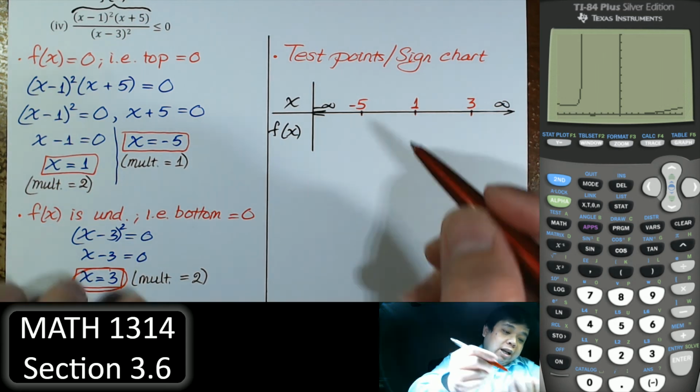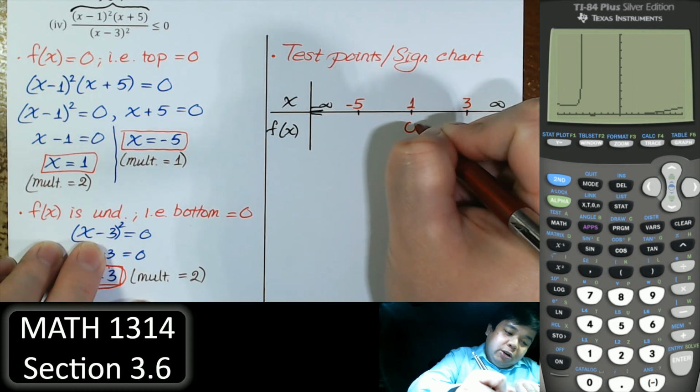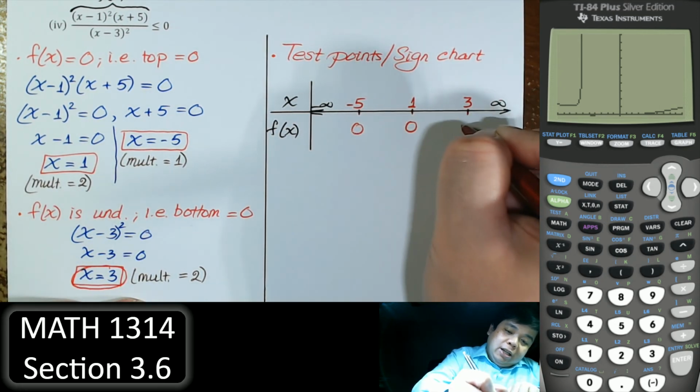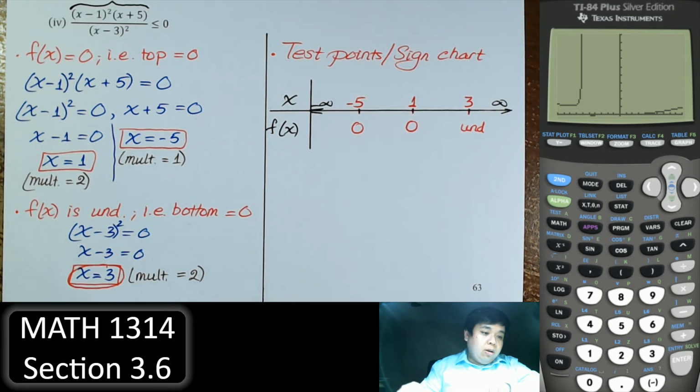When x equal to 1, the function equal to 0. When x equal to negative 5, the function equal to 0. And this is undefined when x equal to 3.